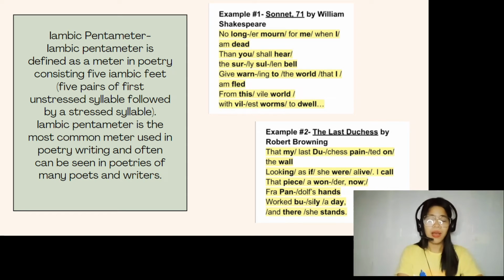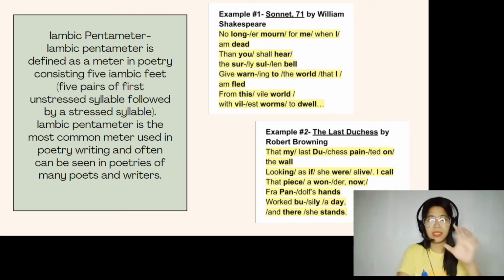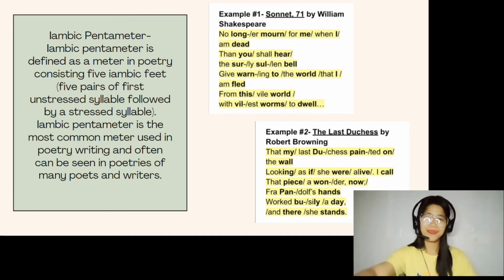In every line also, we can see 5 iambic feet. So we have that's my last duch, ess paint, ed on, the wall. The meter is 5 in each line.